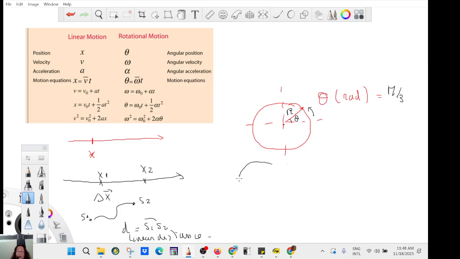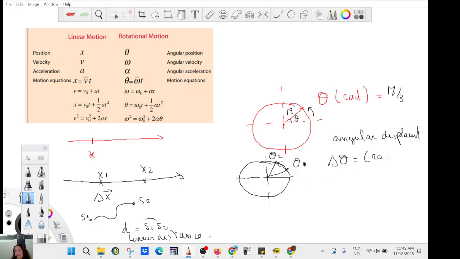Okay, so here in the polar graph, you go from angle theta 1 to theta 2. You go from here to there and you go counterclockwise. So delta theta here will be called the angular displacement, and that will be in rad.